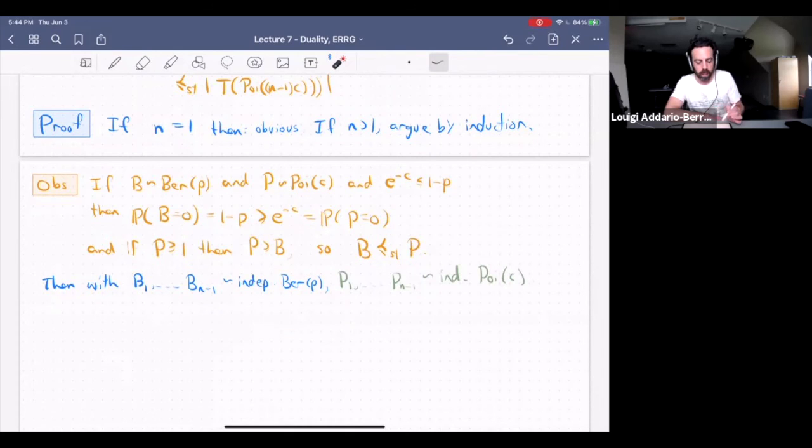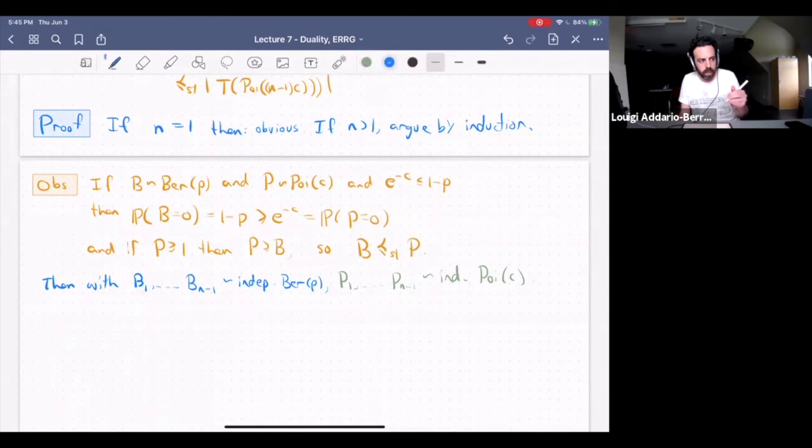If I can couple so that B1 is at most P1 and B2 is at most P2 and so on, then I take the product space of all those couplings, and I have a space where each Bi is at most Pi, so the sums also satisfy that inequality.